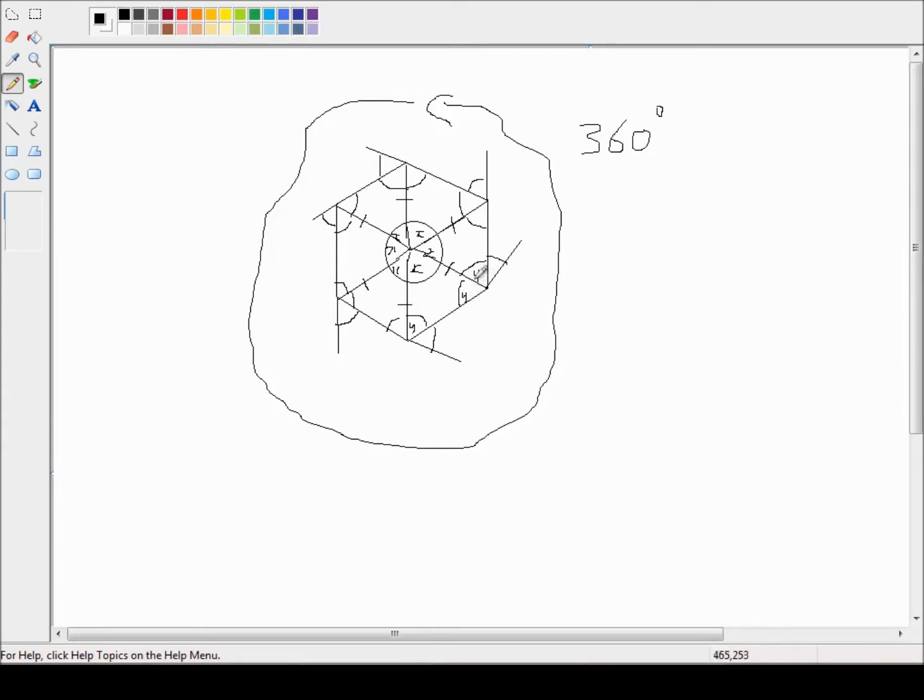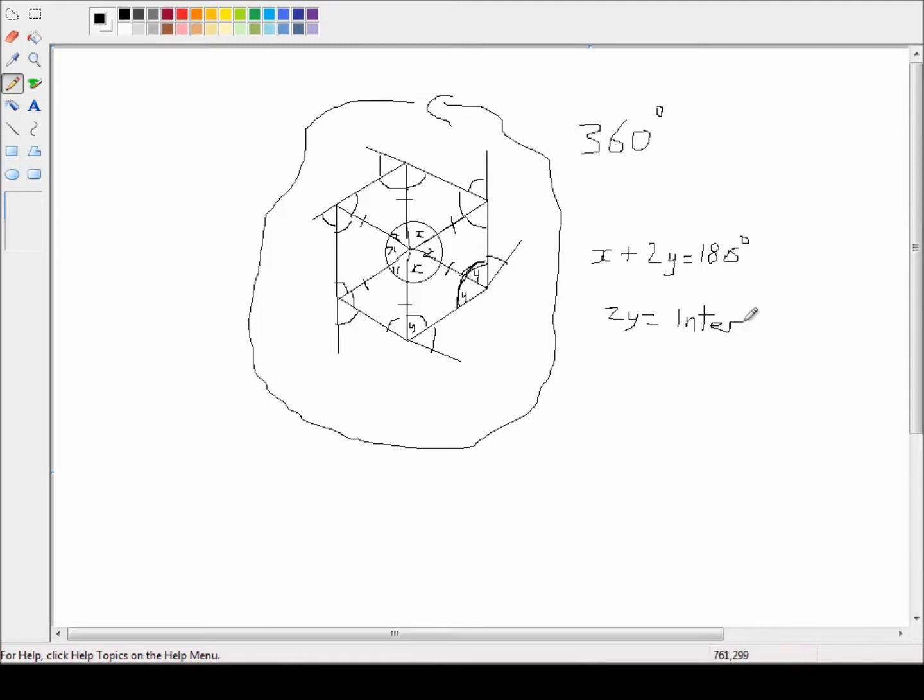Now look at these two y's here. They actually sum together to make the internal angle. So we've got two y's here plus x all have to add up to 180 degrees. So x plus 2y is equal to 180 degrees. But 2y is equal to the internal angle, or interior angle, whatever.